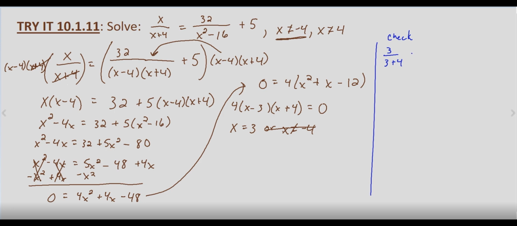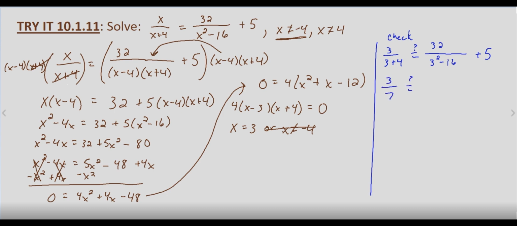we want to know, does that equal 32 over 3 squared minus 16, and then plus 5. So that's 3/7, 3 over 3 plus 4.